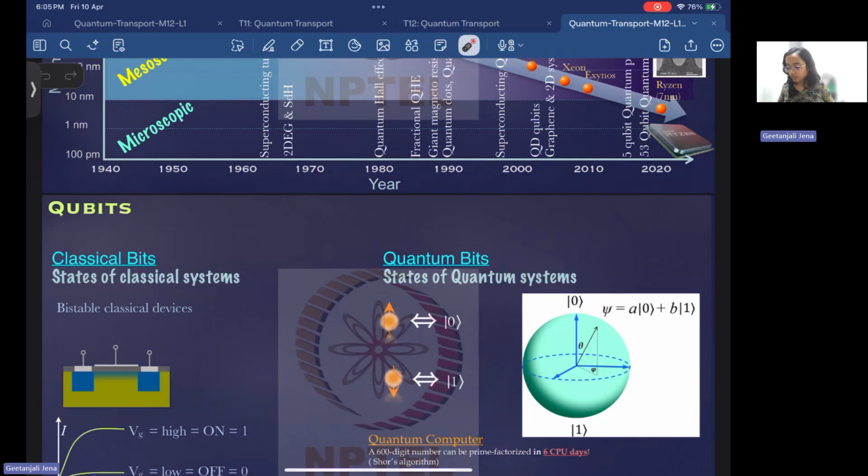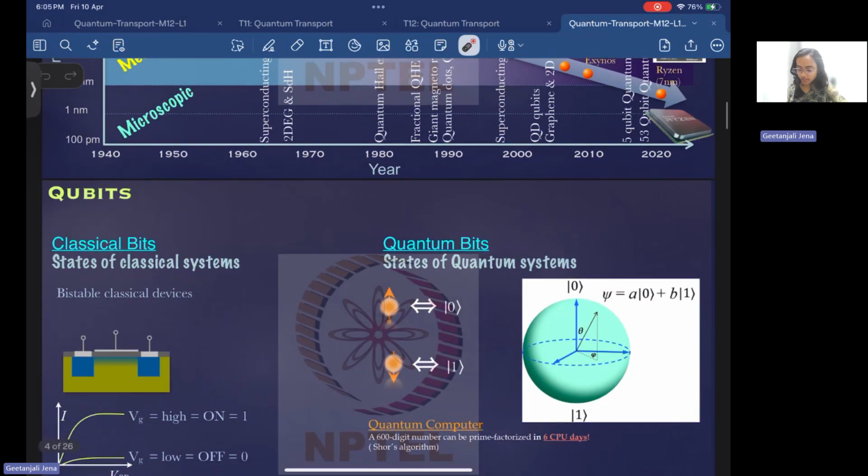But in a quantum bit, we use the quantum mechanical state to store or manipulate the information. So classical bits are bistable classical devices, and you can imagine this acting like a MOSFET, which is nothing but a switch device. For this bistable classical device, we have either the on state or the off state.